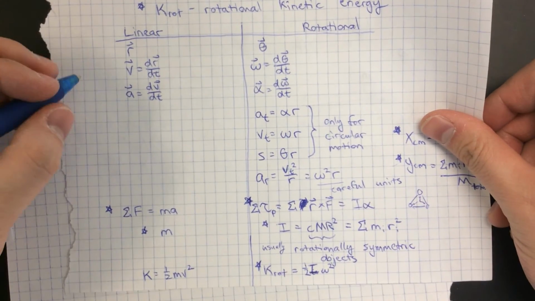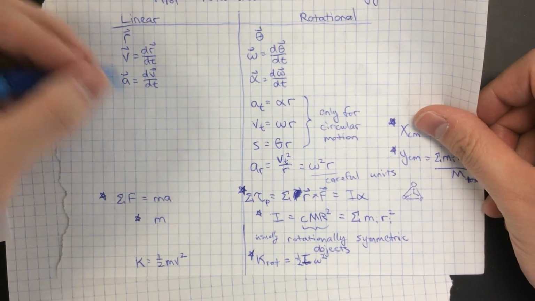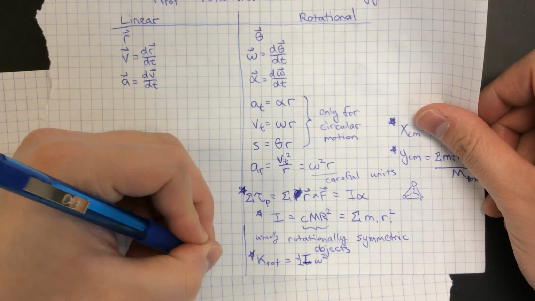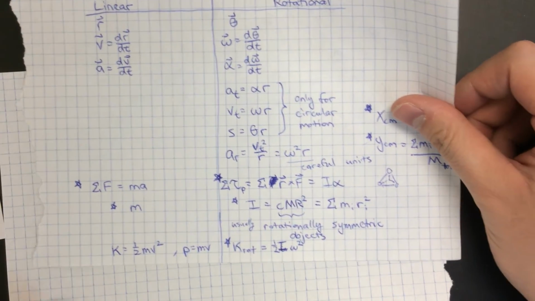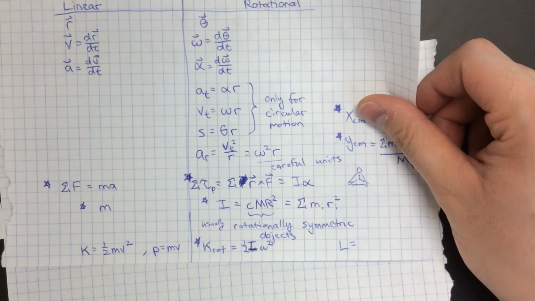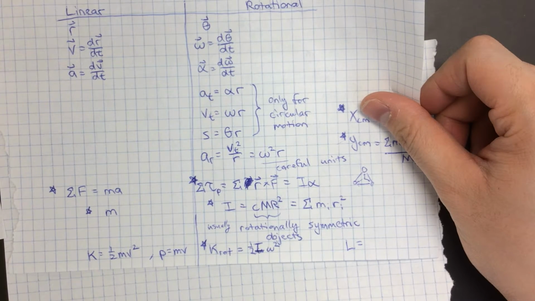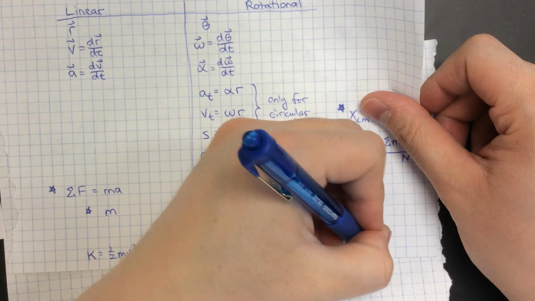So if momentum, I ran out of space, if momentum was P equals mv, what do you think angular momentum will be?